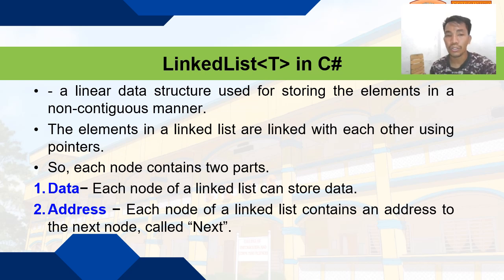So each node contains two parts: the data and its address. The data refers to each node of a linked list which can store the data, and the address refers to each node of a linked list that contains an address to the next node, called next.